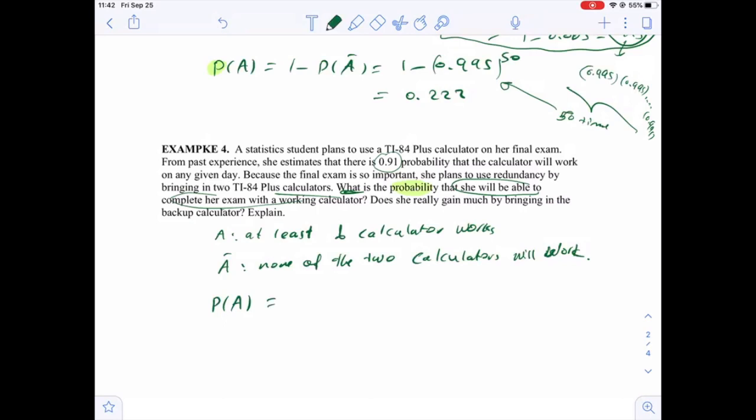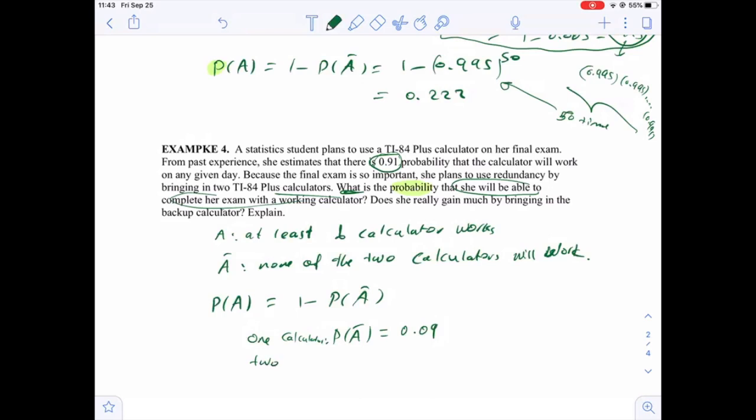Now, the probability of A is 1 minus the probability of A complement. But what is the probability of A complement? The probability of A complement for just one calculator is 0.09, because 0.91 is the probability that one calculator will work, so will not work, that means 0.09.